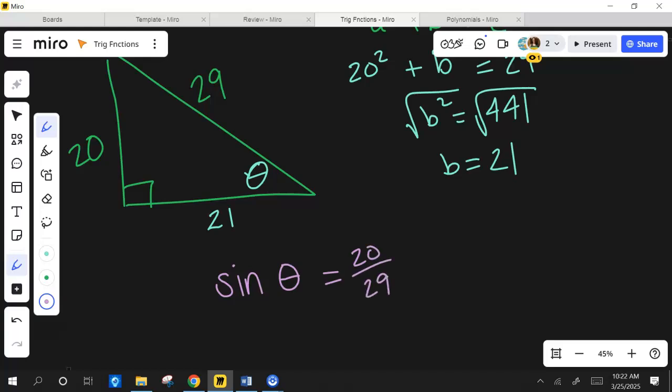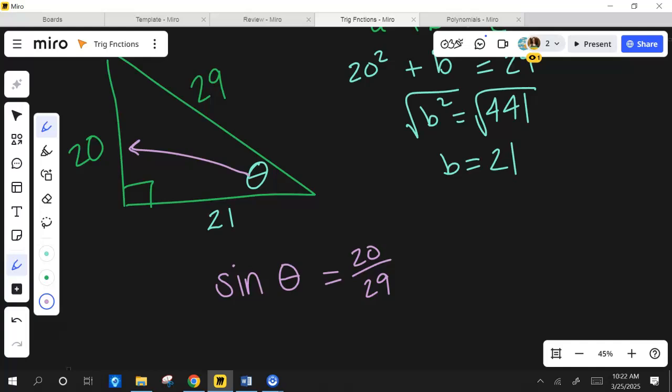That's exactly right. How did you get that? If this is theta, then opposite is 20, hypotenuse is 29. Always look from your theta and then find the side opposite. Opposite over hypotenuse. This is just sine. This isn't secant, just sine.